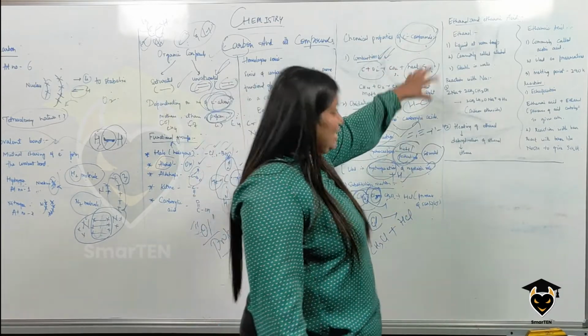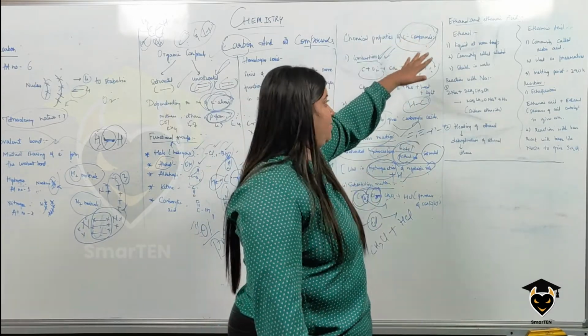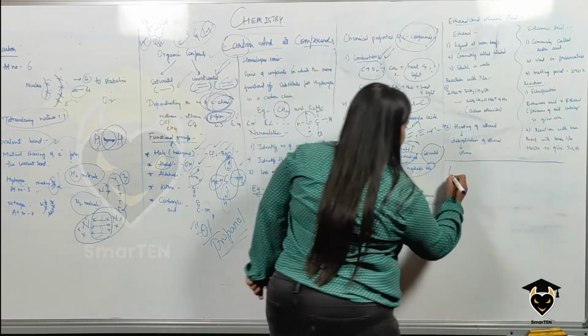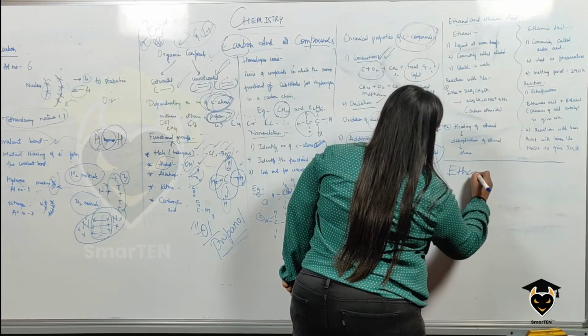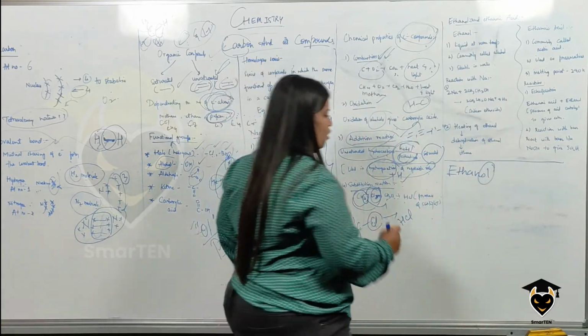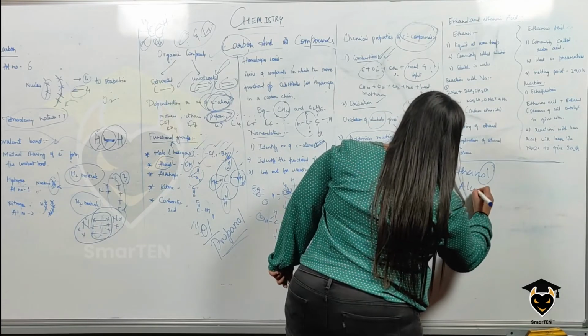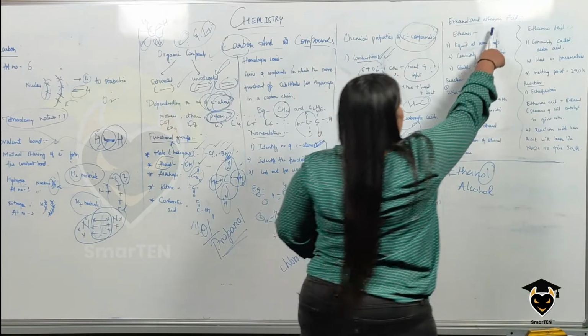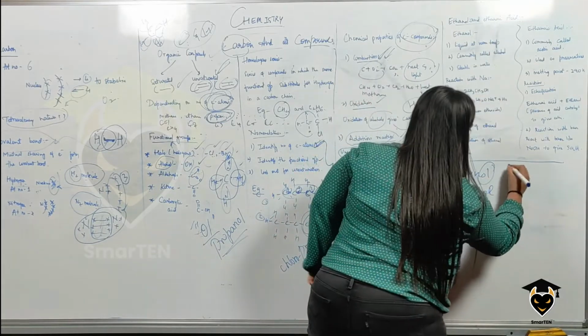Let us now study some of the carbon compounds in specific, which is ethanol and ethanoic acid. Now, ethanol, the name itself says ethanol. OL means what? It is your alcohol group. So this is basically the alcohol group. Now, ethanoic acid.